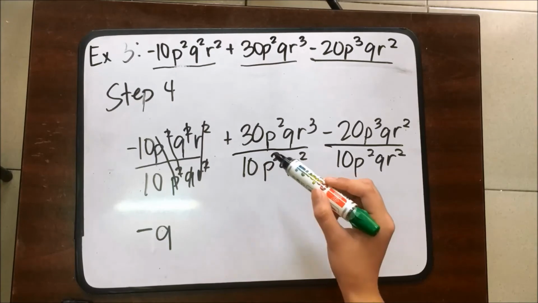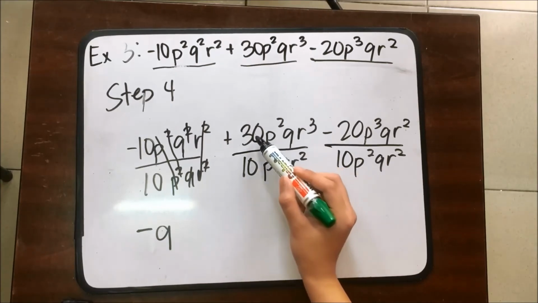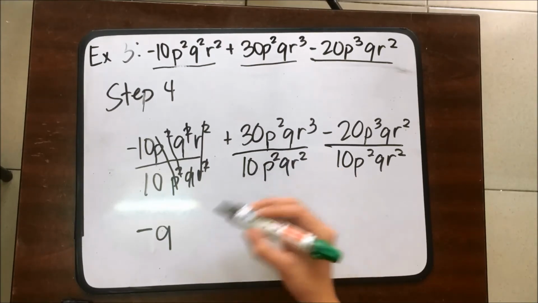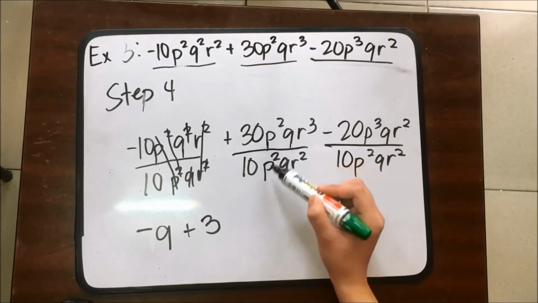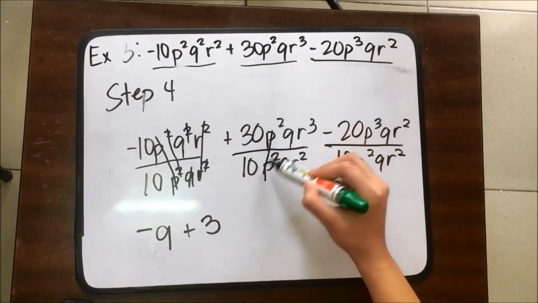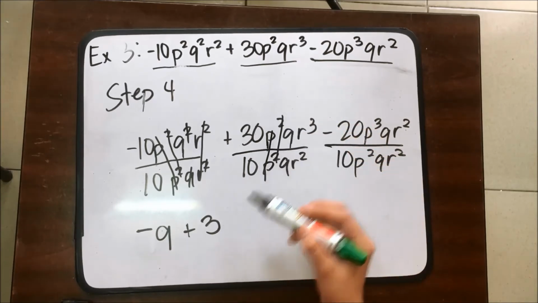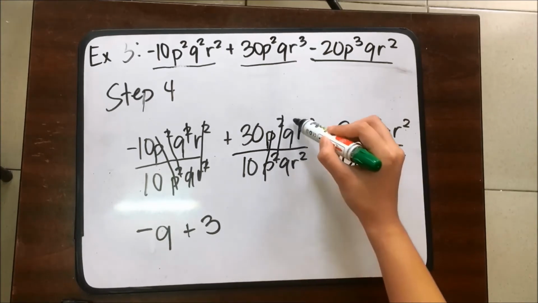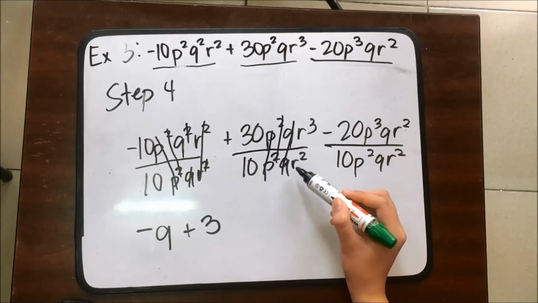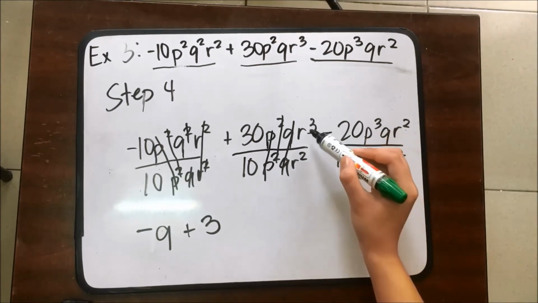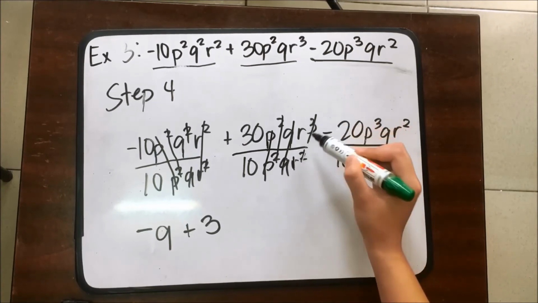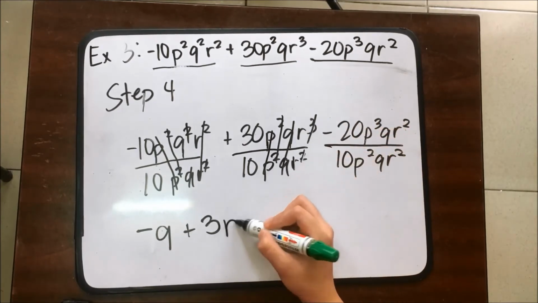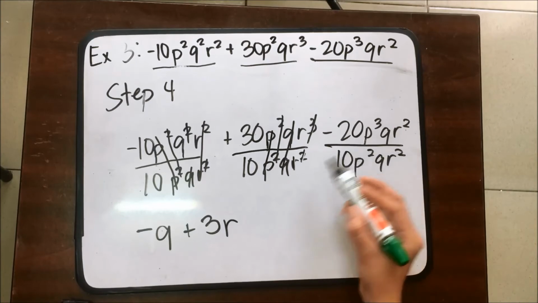So let's go to our next term. 30 divided by 10 is equal to positive 3. P squared divided by p squared is equal to 1, so we will cancel that out. Q divided by q is equal to 1, we'll cancel that out. And r cubed divided by r squared is equal to r. Only 1 will be left. So let's go to our next term.